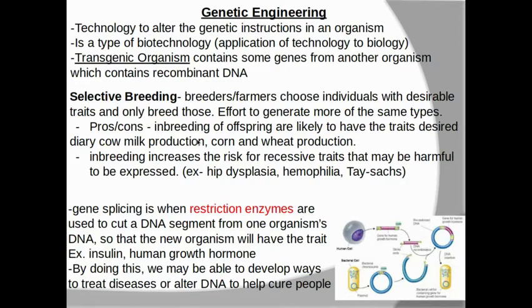There are pros and cons. Inbreeding of offspring, meaning you only breed individuals with the same traits so you can maintain a characteristic. Well, it's more likely that those individuals, when they're inbred like that, are going to have some recessive trait that might be expressed.